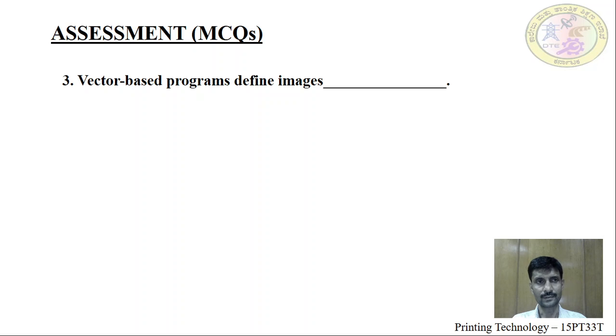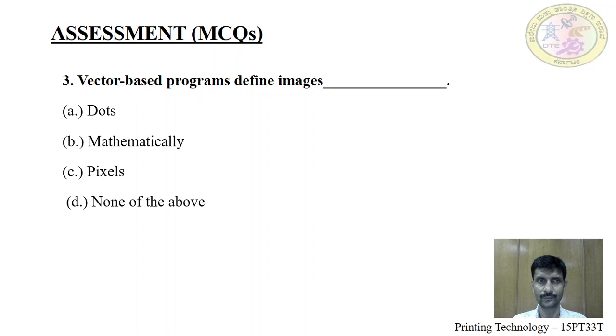Next, third question. Vector-based programs define dash images dash. First one is dot. Mathematically, it may create pixels, or none of the above. So it is sometimes converted to lines and curves. It is also called a vector. These equations.